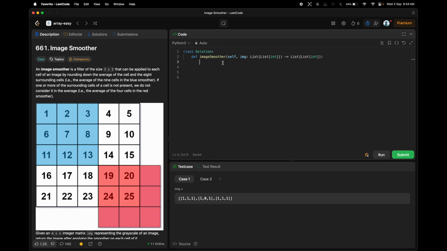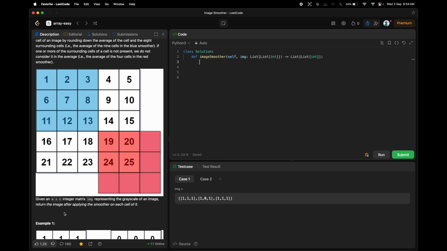Now the image is of two dimensions only, it's 2D only. So what I will do: let's find m equal to the length of image and n equal to the length of image[0]. This will give me the dimension of the image.